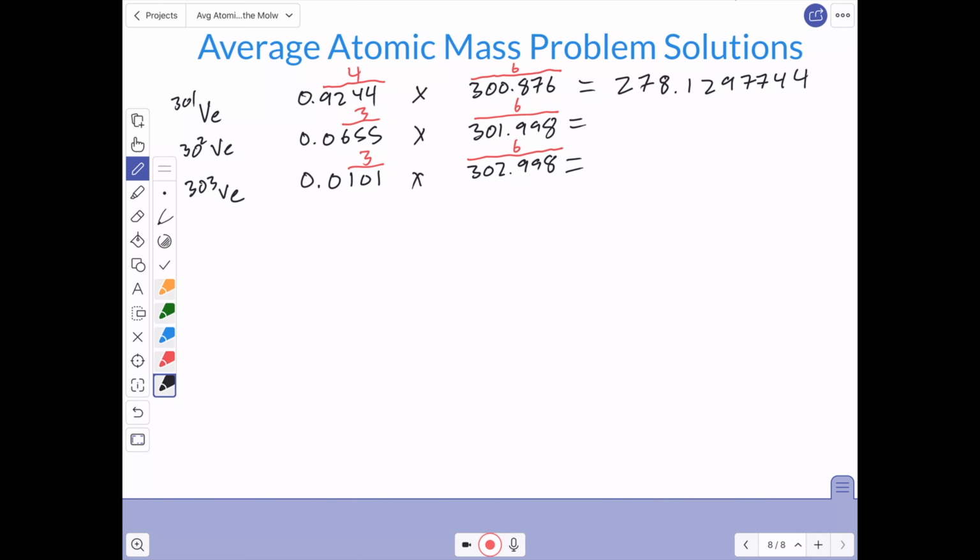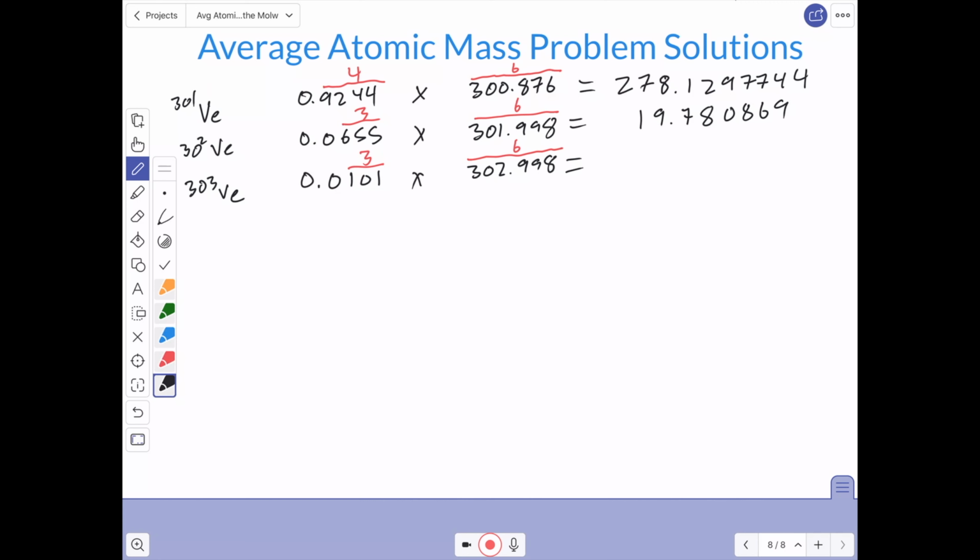Next one, 0.0655 times 301.998. That gives me 19. Ooh. I need to move that over. My decimals need to line up. 19.780869.